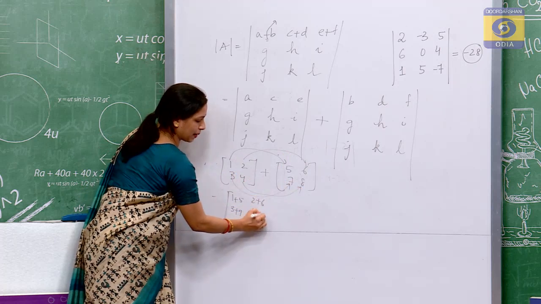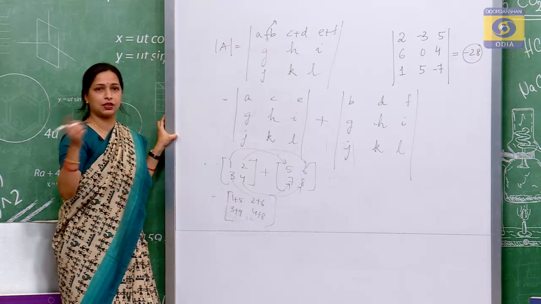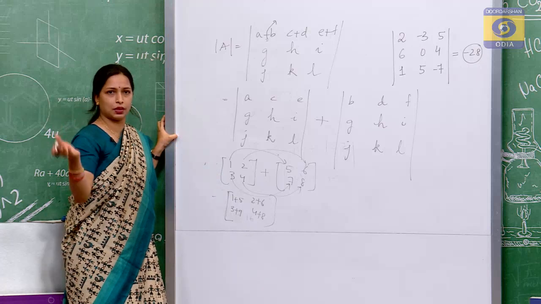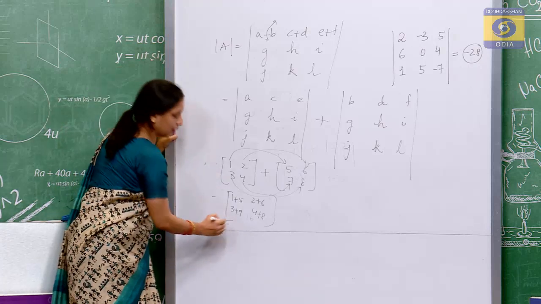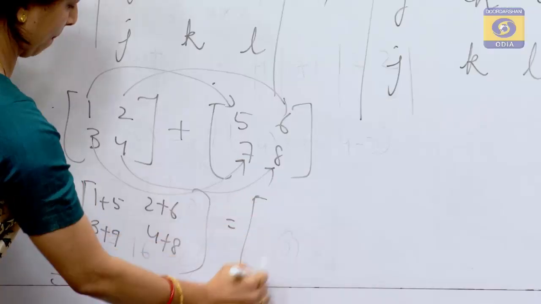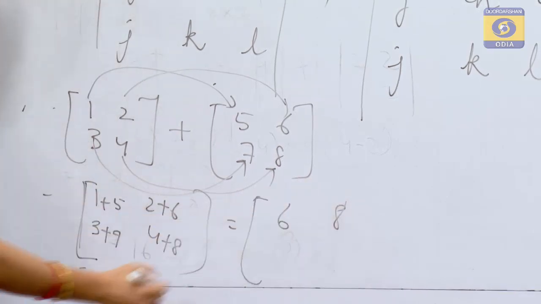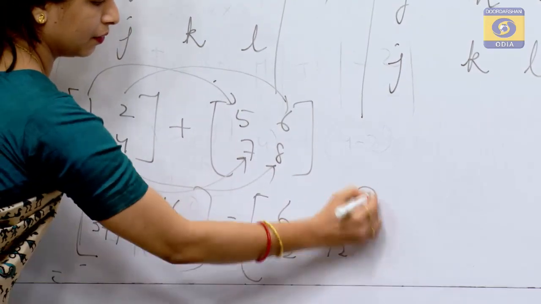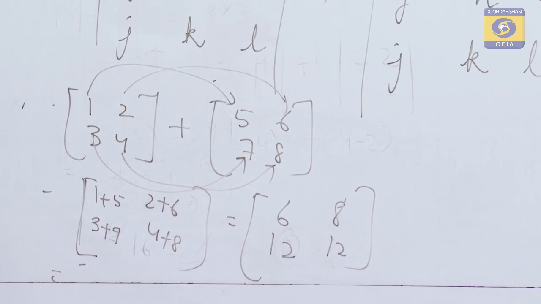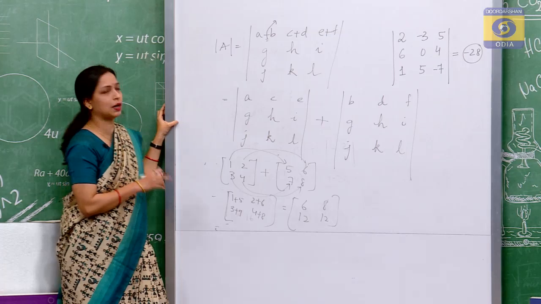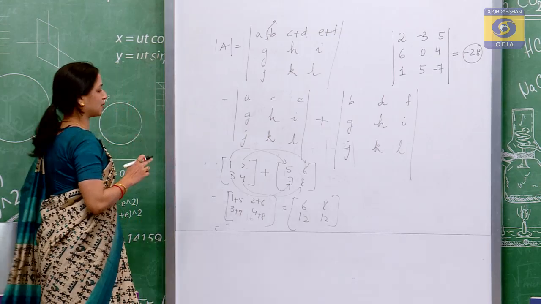We add the corresponding elements with the other matrix, and the resultant is 6, 8, 10 and 12. So, this is the additive value of the two matrices, but in determinants that is not how you must add.